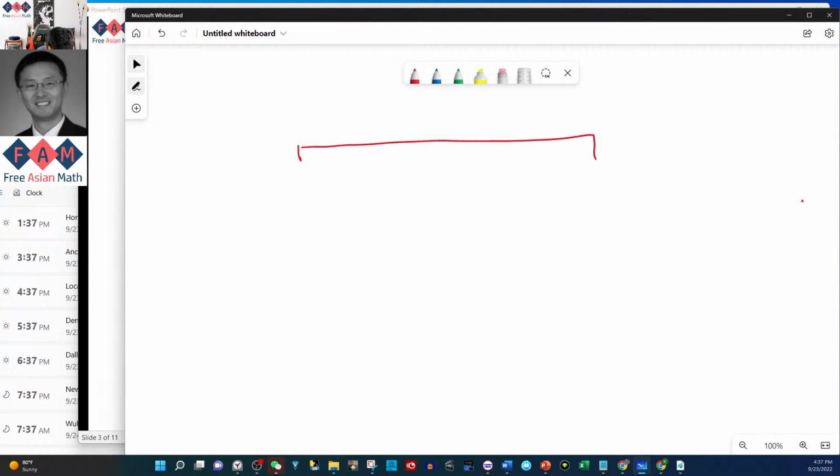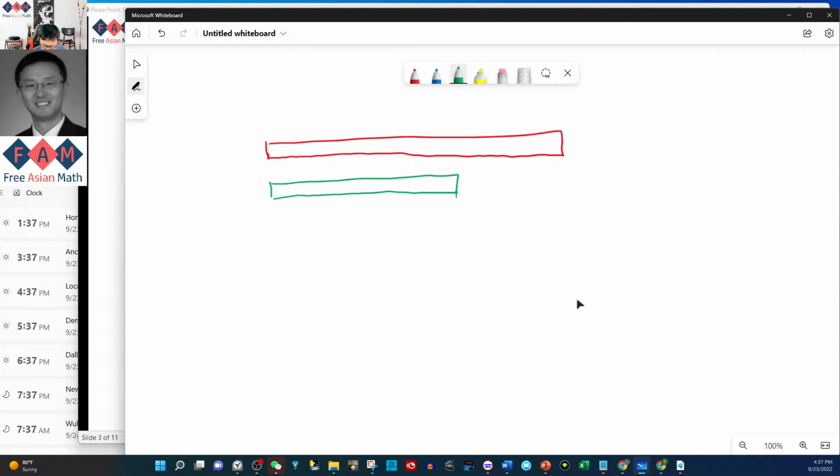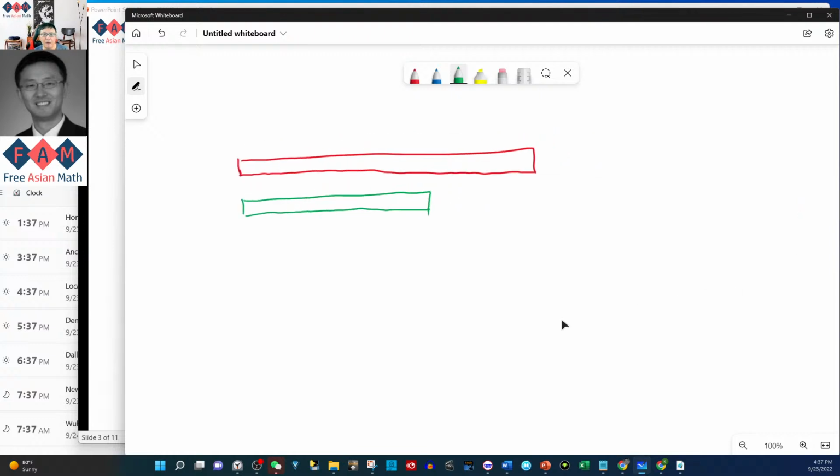So we denote the larger one with a longer bar, and we denote the smaller one with a shorter bar, right? So those are the original two numbers. What you were told about this is the sum of the two. Therefore, essentially, you are combining those two bars together.